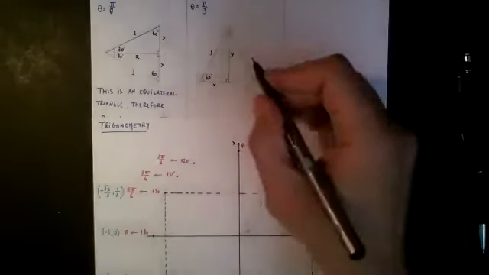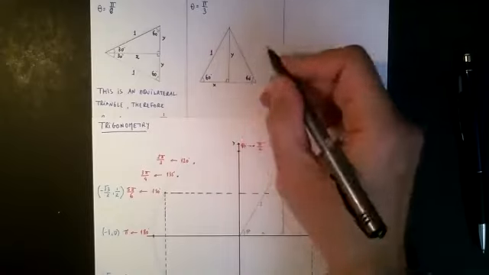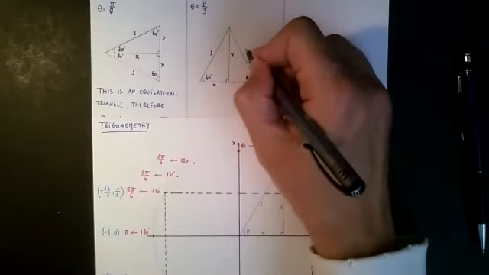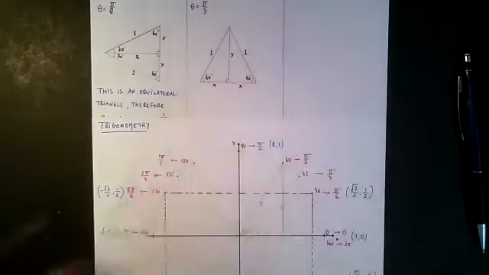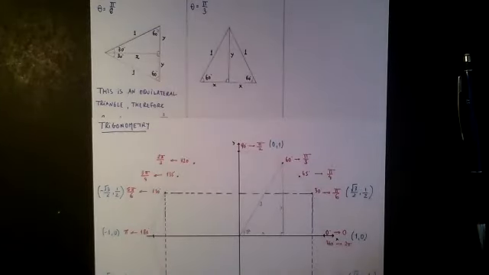Same triangle means that this is 60 as well. And this is still 1. And this is also x. Questions?